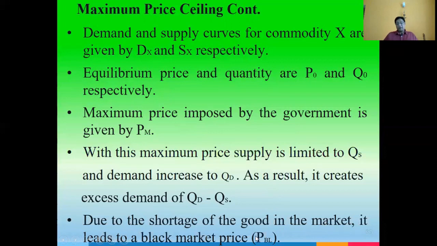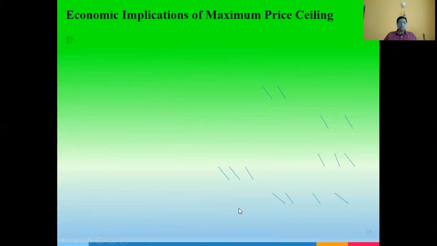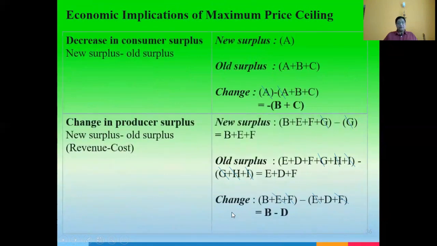It is given by PBL, P price, BL black market price. Now, I would like to summarize: decrease in consumer surplus, changes in producer surplus, and deadweight loss of maximum price ceiling.